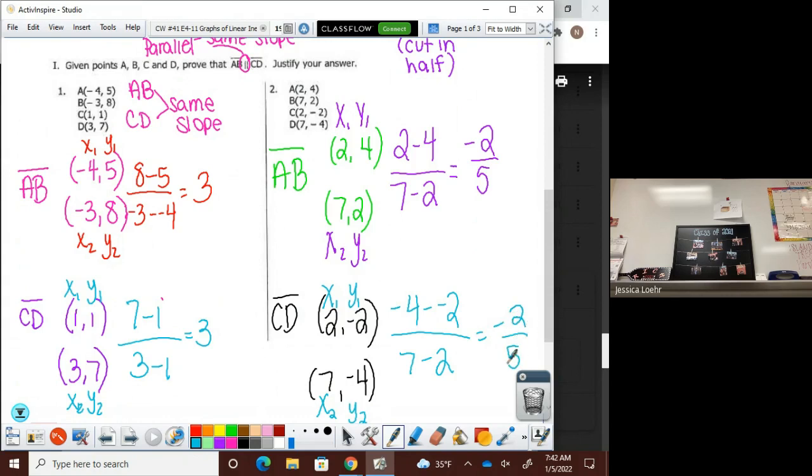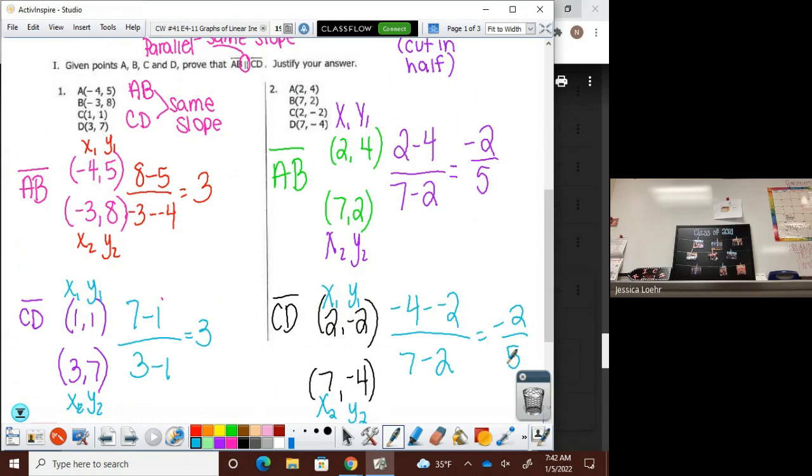The other thing about these questions that makes it nice, they're telling you in the problem to prove they're parallel. You're just proving it. You're not showing that it's not true. So you know when you do the math, these answers should be equal. If they're not, there's a problem with the math that you did, so you have to go back and check. They're already telling you it's true in the problem. They're not asking you if it's true. They're saying, it's true, prove it to me.